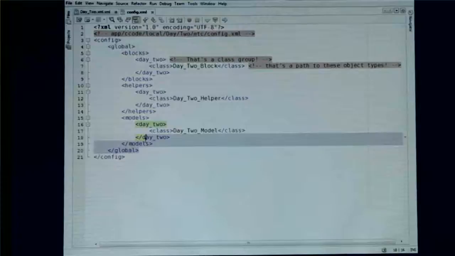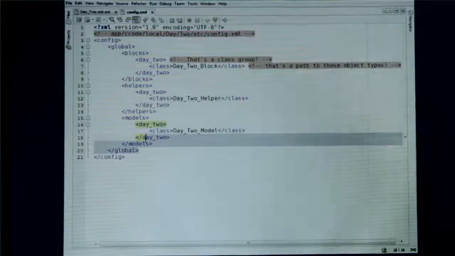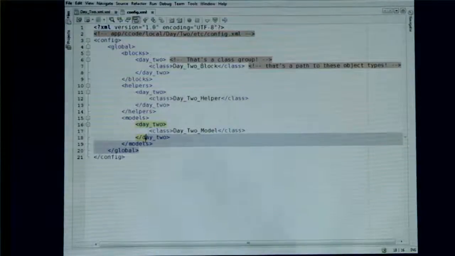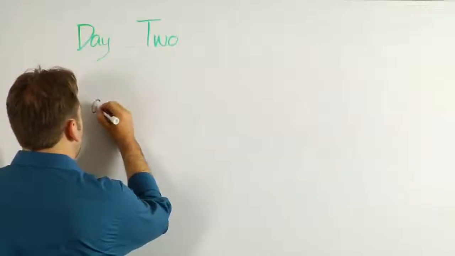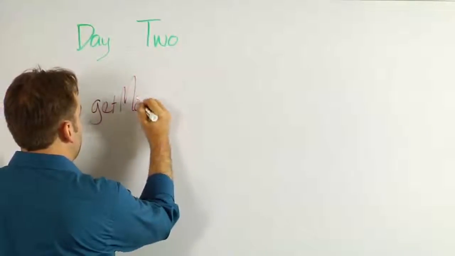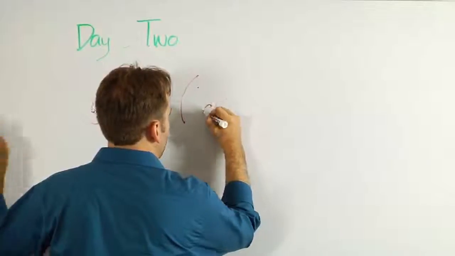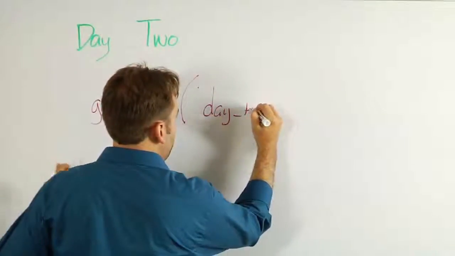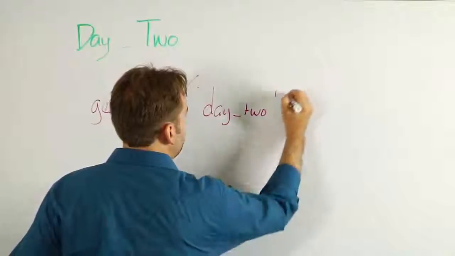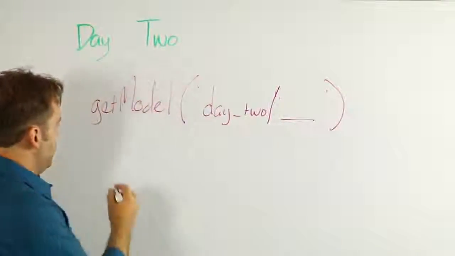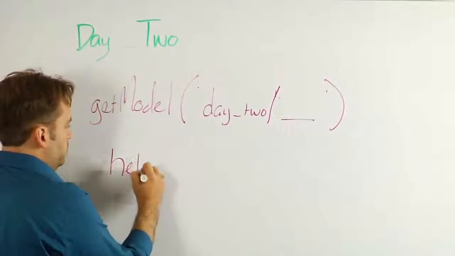Whatever I pass in to those methods, that string value that I pass in before the slash, just comes from here. So I'll do this one more time here. So get model takes, in this case, day2. Helper.